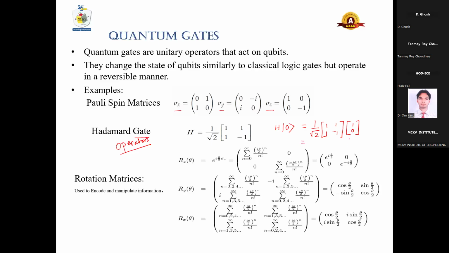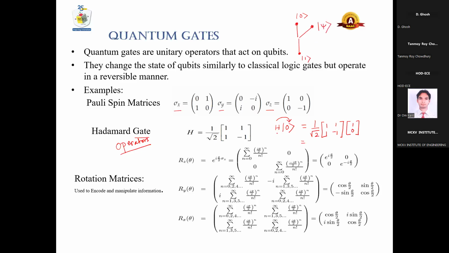If you do this matrix multiplication, this is a gate operating on ket 0, that is my qubit, let us say. Let us say my qubit is pointing towards the North Pole. This is my ket 0. And if my qubit is pointing towards the South Pole, this is my ket 1. And anywhere else, this will be a state psi, which is given by that equation.